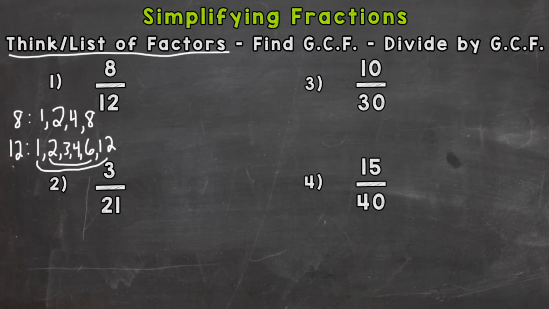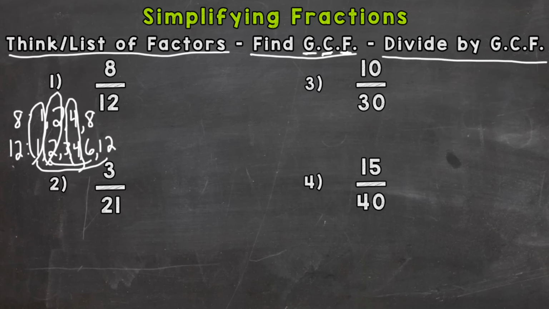Now, let's take a look at our list. Do we have any in common? Well, 1, 2, and 4. We want to find the greatest common factor, the GCF. And the greatest between the two is that 4. So we're going to divide the 8 and the 12 by that greatest common factor, by the 4.